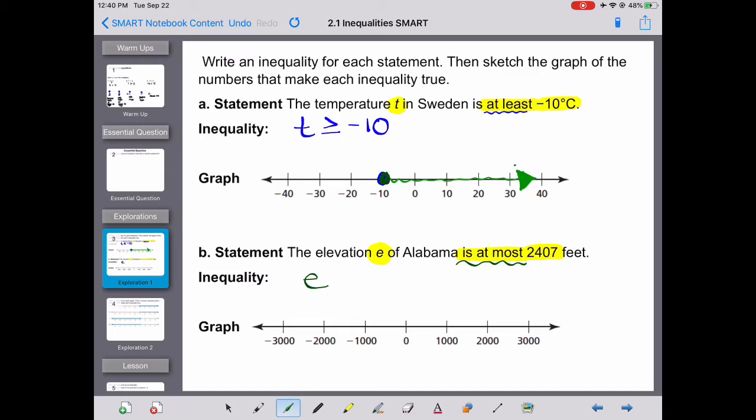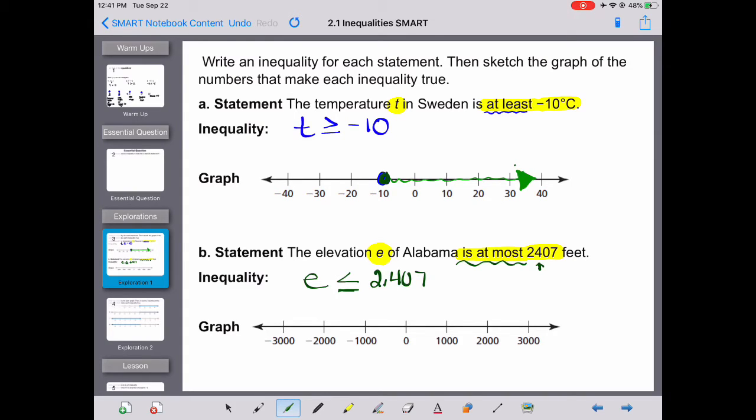Decide what the words is at most means. So is at most. That means it cannot go over that. The most it can be is 2,407 feet. So it can be E less than, or it could be equal to 2,407 feet.